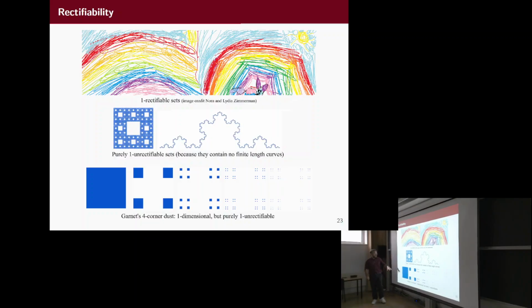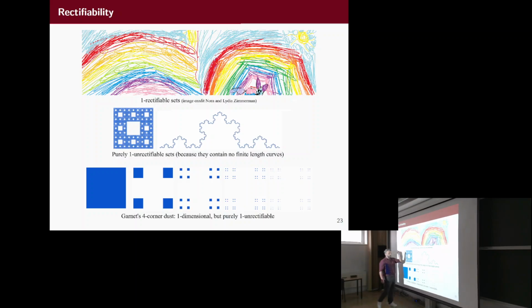A really interesting example is Cantor's four-corner dust, which is defined by: you start with your square, cut it into 16 pieces, 4 by 4. Keep the upper left, upper right, lower left, lower right. Do the same on the remaining squares. Do it again, do it again.